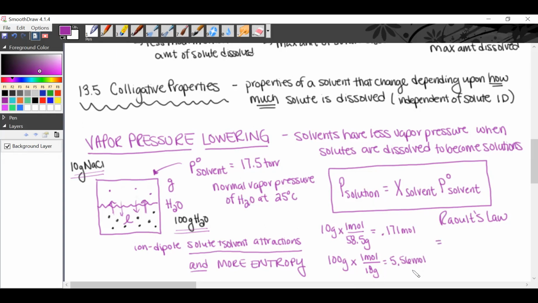Okay, so my mole fraction of my solvent is moles of solvent on the top, 5.56, over my solvent plus my solute. Okay, so this right here, you guys, is my mole fraction, and moles over moles, it'll be unitless. That's the mole fraction of my solvent, times my normal vapor pressure, so 17.5 torr.